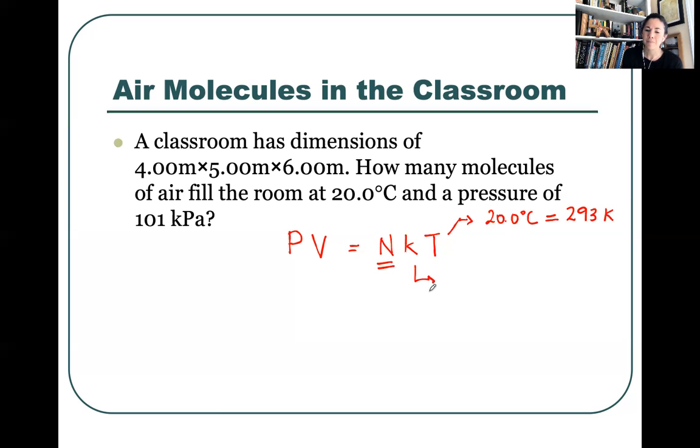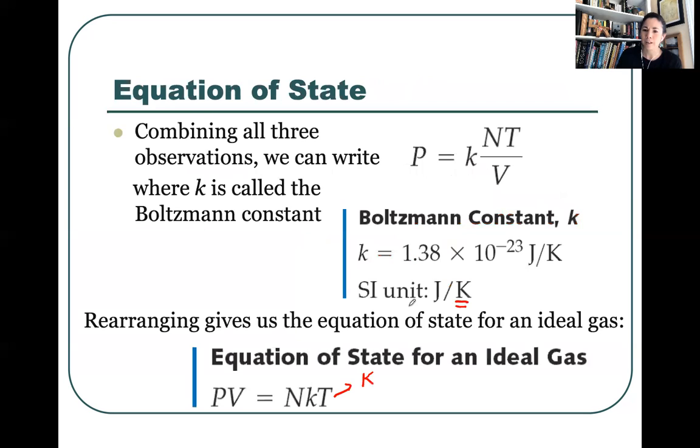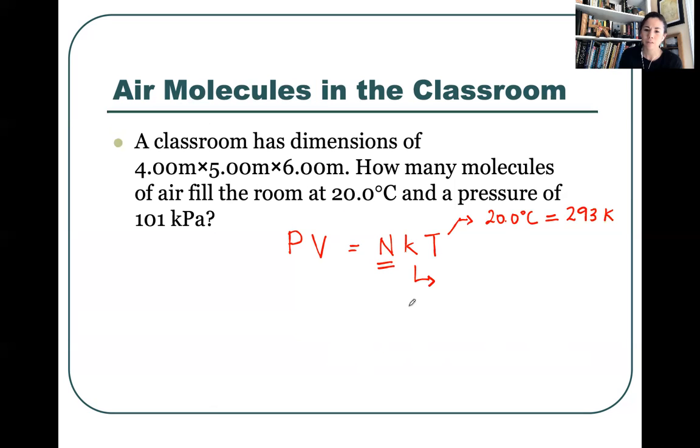For K, you either have a good memory or you can look back here. So 1.38 times 10 to the negative 23, and this is in joules per Kelvin. All right, and pressure.